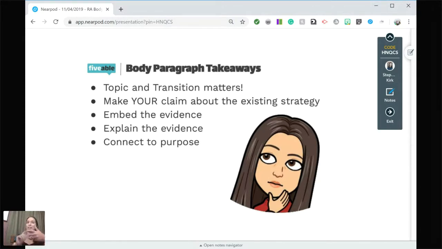But the next piece is to explain it. So if you go back and you're watching the replay of this, or you're looking at the slides later, or you're going through your worksheet and you're thinking, okay, what was Stephanie Kirk talking about? With it, one of the suggestions for your frames was try to come up with 2 solid sentences to analyze and explain the way this piece of evidence supports your claim about Albright's claim.